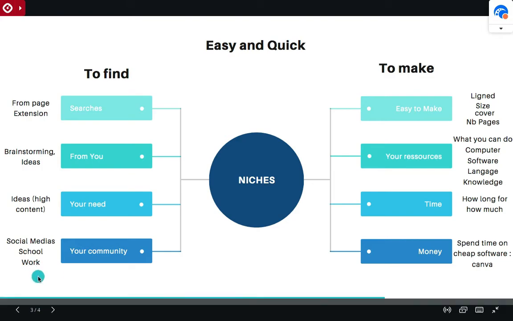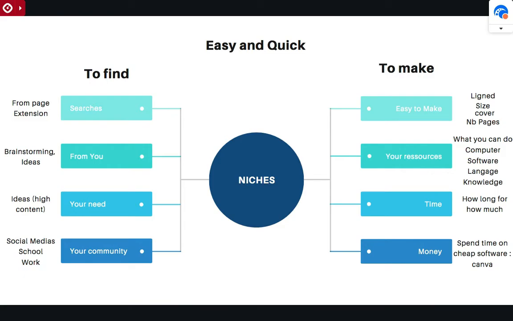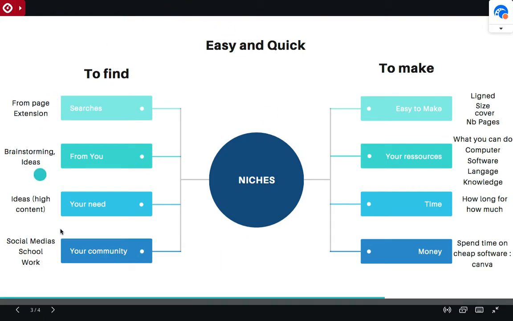Or at your work, when people gather, everyone is gathering together, talking about a project, maybe create a book where you can all share your ideas. And use also social media. If you have your author central page, create social media, ask your audience what they are looking for, what you need to do. And in those things, you will find niches for sure.